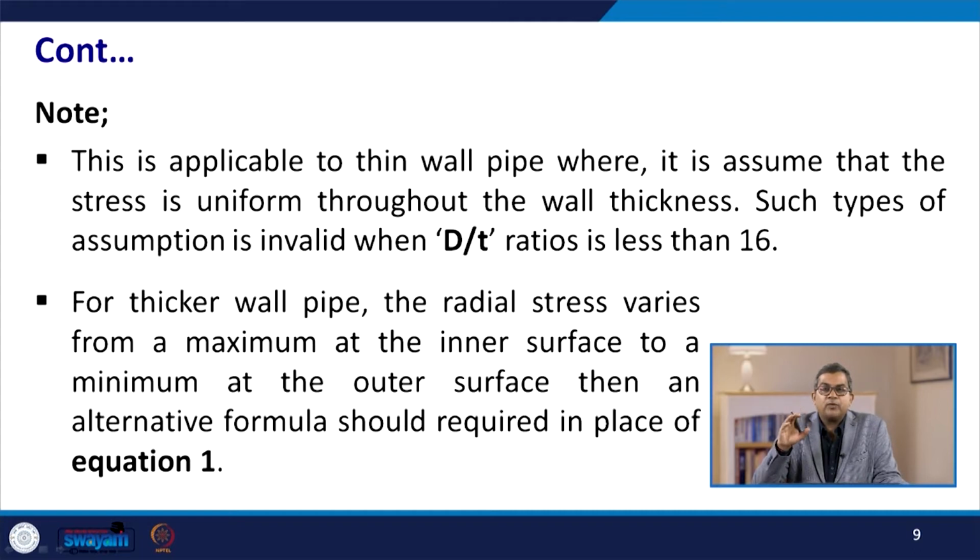Such an assumption is invalid when the D over t ratio is less than 16. For thicker wall pipe, the radial stress varies from a maximum at the inner surface to a minimum at the outer surface. Then an alternative formula is required in place of equation 1, which we discussed earlier.